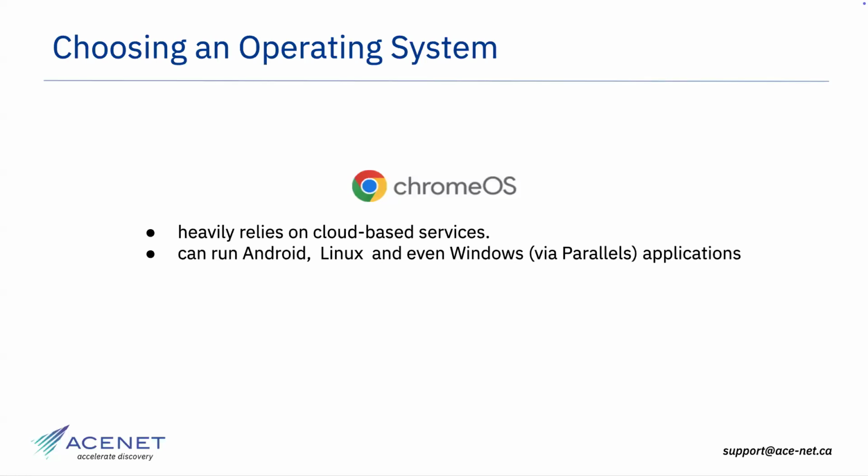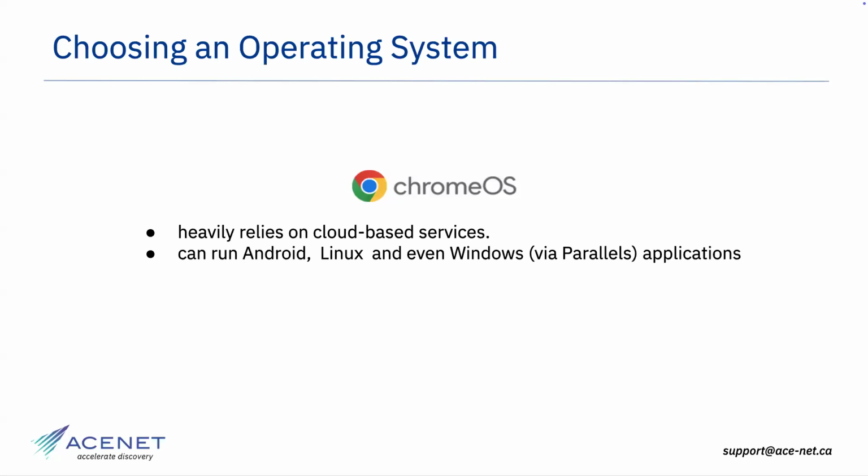And finally, there is also Chrome OS. That's the last OS we will look at. The Chrome OS operating system is basically a specialized operating system developed by Google exclusively for Chromebooks. Unlike traditional operating systems, Chrome OS heavily relies on cloud-based services.